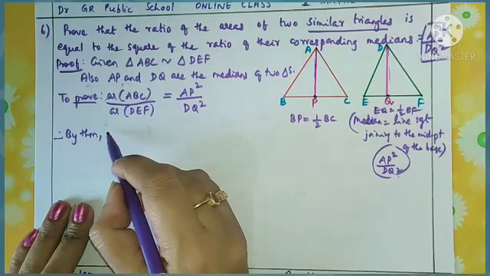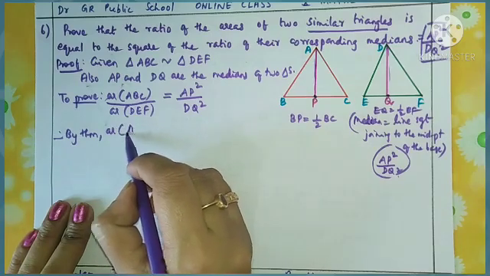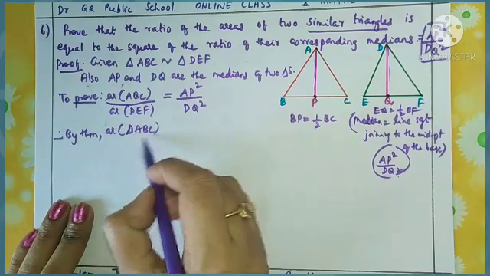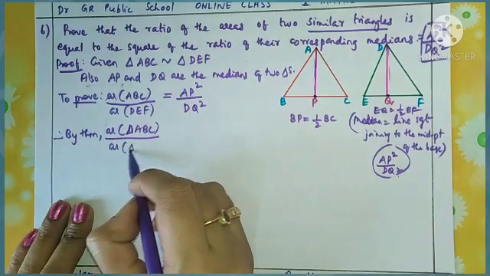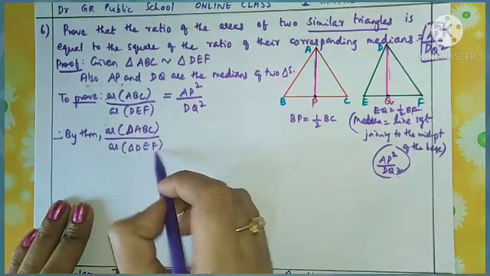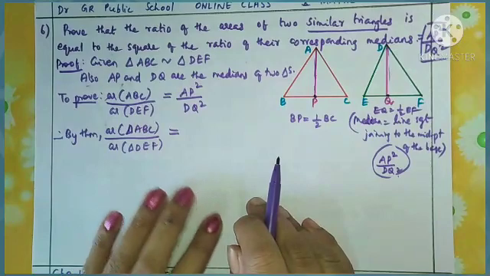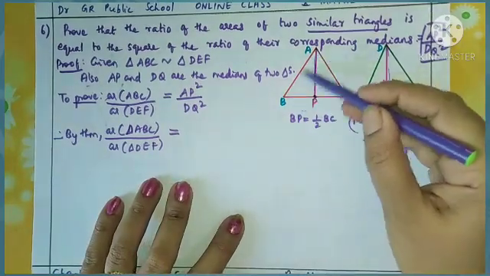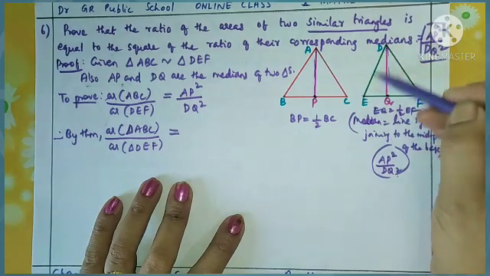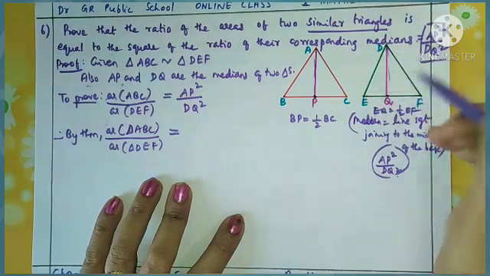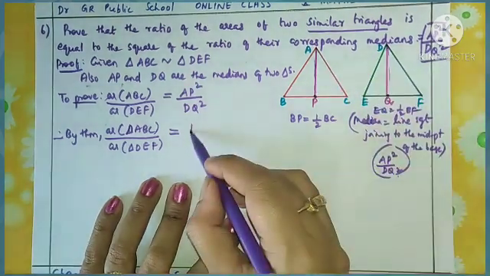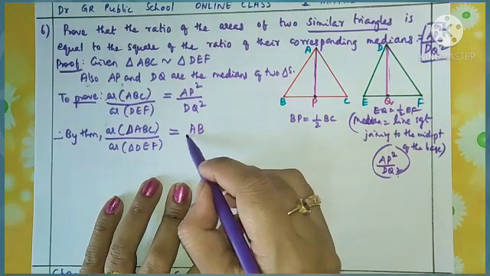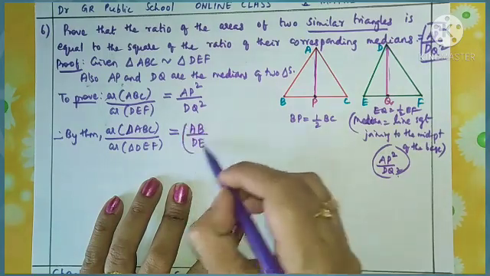What is the ratio of the area of triangle ABC to the area of triangle DEF? Now I am going to take the corresponding sides. AB corresponds to DE, correct? So I am taking that ratio, AB by DE the whole square.